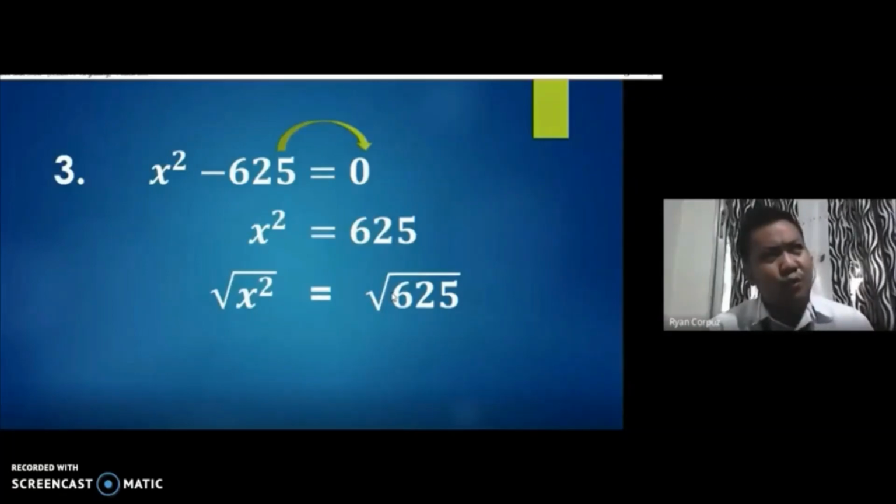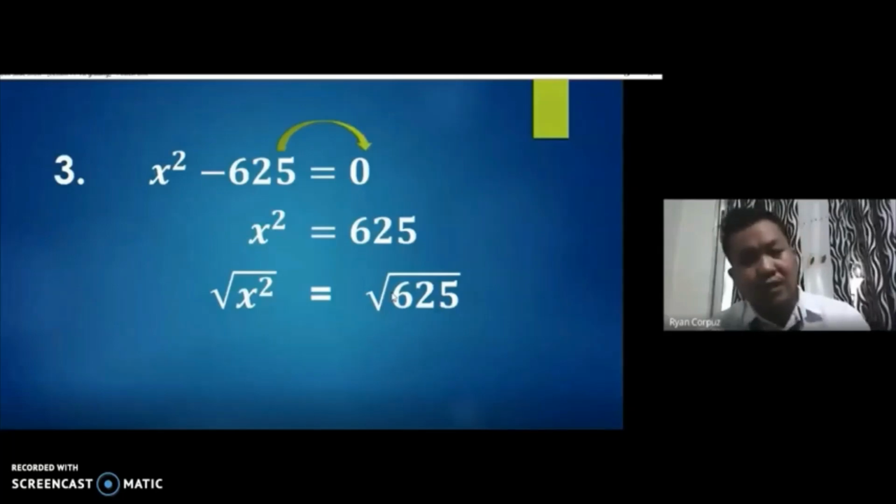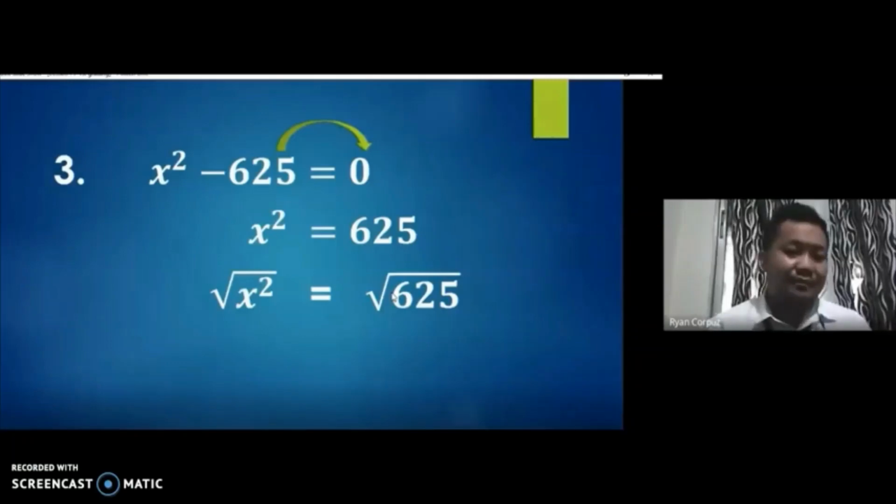Example, 2 times 2, the answer is 4. So the number 4 is a perfect square. That means when you get the square root of 4, that's equal to 2, because that is the number you multiplied by itself. Example, 10 times 10 is 100. So 100 is a perfect square.